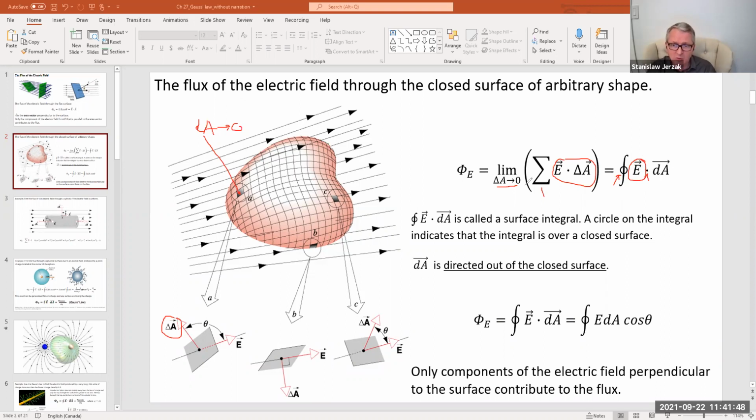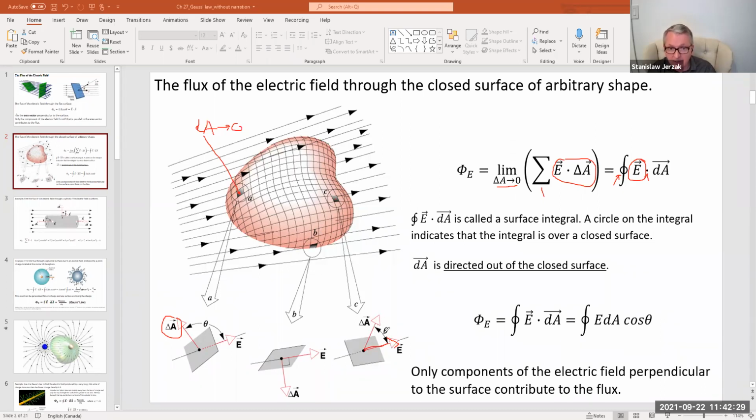So what we have to do is slightly better visualize, also with the three examples, that every little area of that surface, at every point, has an area vector, and three are now designated A, B, and C. So for example, let me start with C. For this tiny surface area, enlarged here, this is the little area dA, and let's say the electric field vector E at that point on the surface is in this direction, and the area vector, which is perpendicular to the surface, is maybe in this direction.